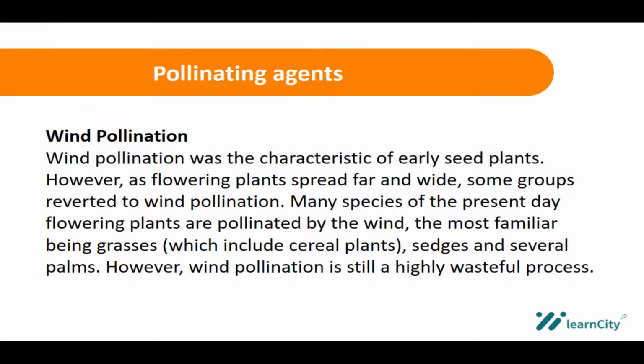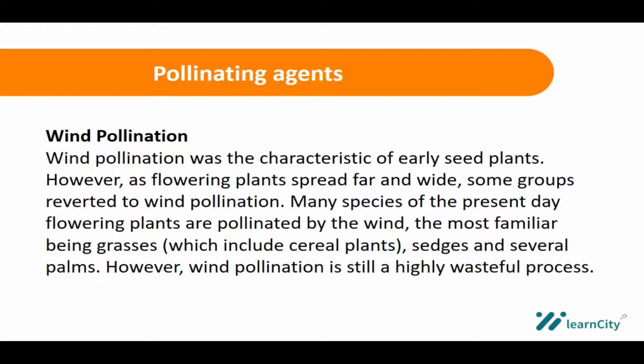So I want to talk about wind pollination. I want to talk about flowers that are pollinated by wind. Now, many species of present-day flowering plants are pollinated by wind, and the most familiar plants that are pollinated by wind are the grasses. That includes the cereals and the palms and also the sedges.